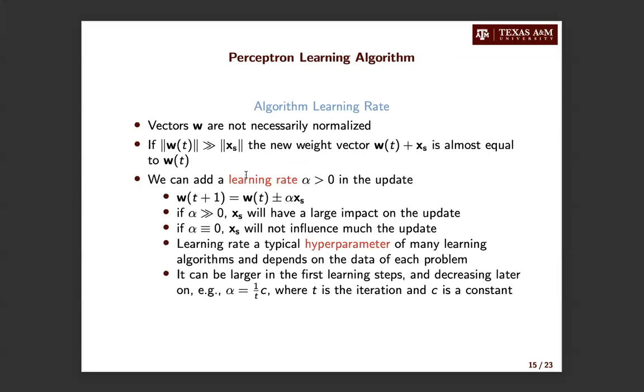Now, a small caveat in this is that our vectors W might not always be normalized. And for this, it might be the case that when we add or subtract our misclassified sample XS, we can disproportionately modify the vector W, and actually we can get a vector W that might have nothing to do with the one from the previous iteration.